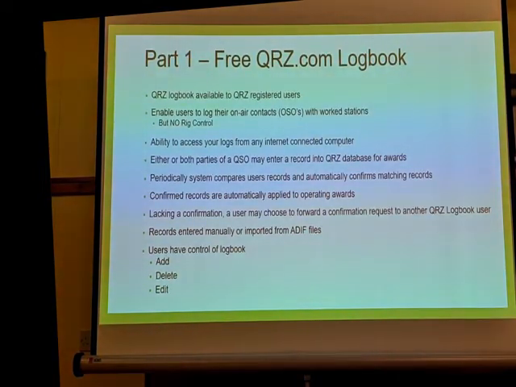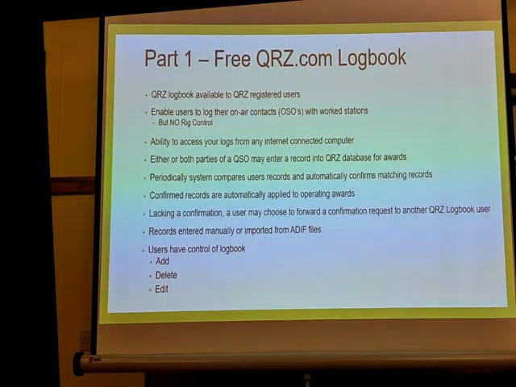Right. So we'll have a look at what the free version looks like. It's available to all registered users. It's free. It enables you to log your online contacts with the workstation that you've been in contact with. You've got the ability to access your log from any internet-based computer, and either you or the other party can enter the record in Qrz, and that will go towards your Qrz rewards.